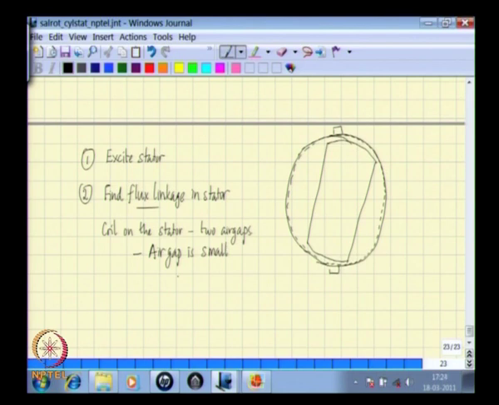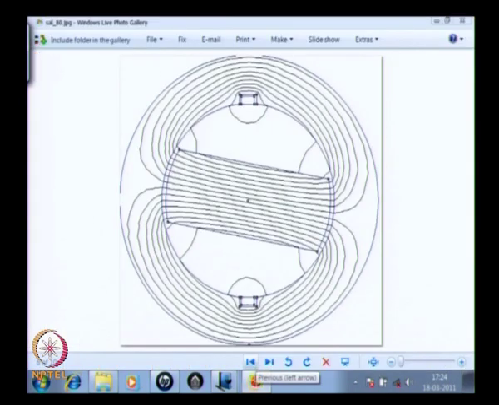Why is it so? We have seen in the pictures here that, irrespective of where the rotor is, there is always a region near the rotor which has high flux densities. So these regions always behave as if the air gap is small, and this region moves as the rotor rotates.